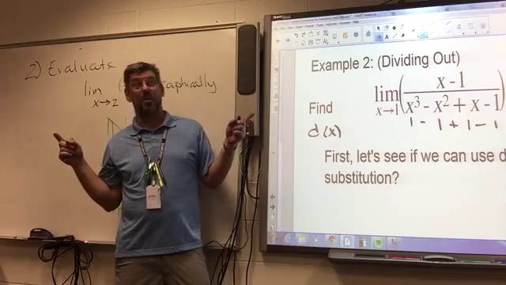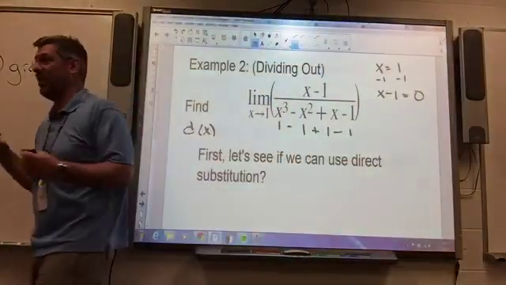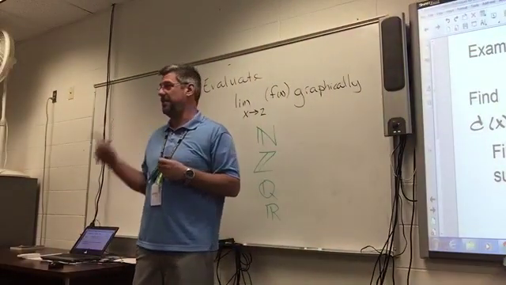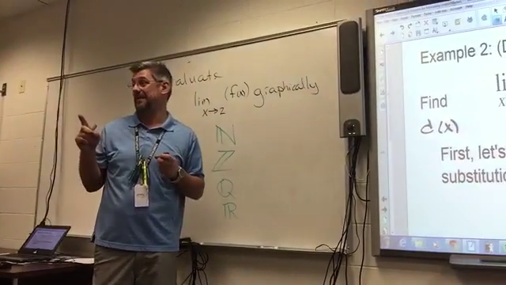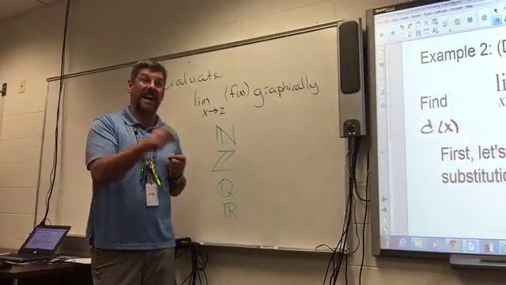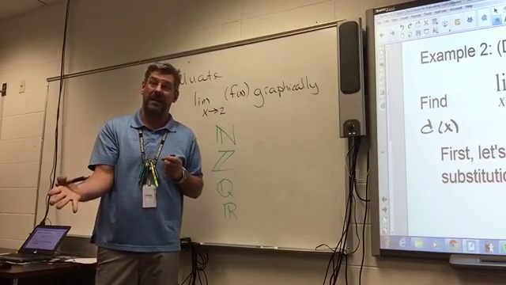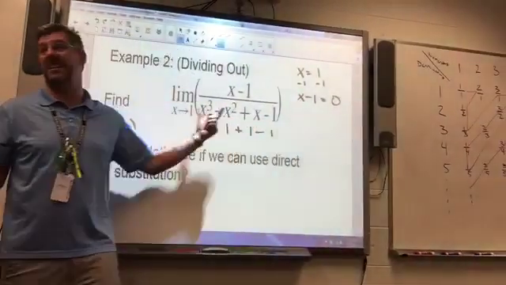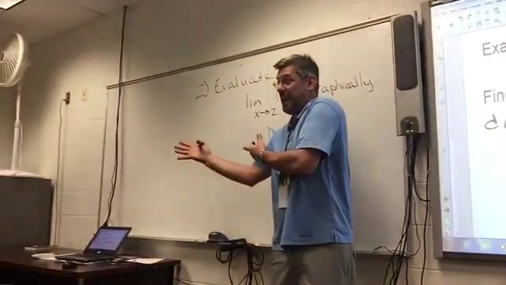Yeah. What does that mean? If this is a factor of the denominator, what does that mean? If 2 is a factor of 6, what does that mean? It means when I divide 2 into 6, I get an even number out, right? If I divide x minus 1 into this denominator here, I should get something without a remainder, right?